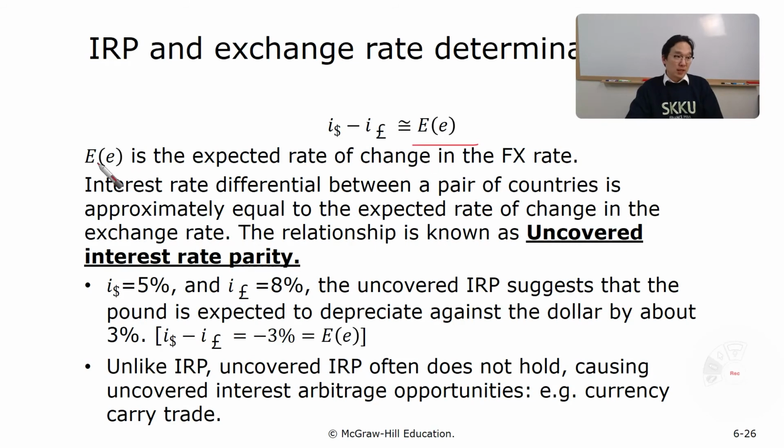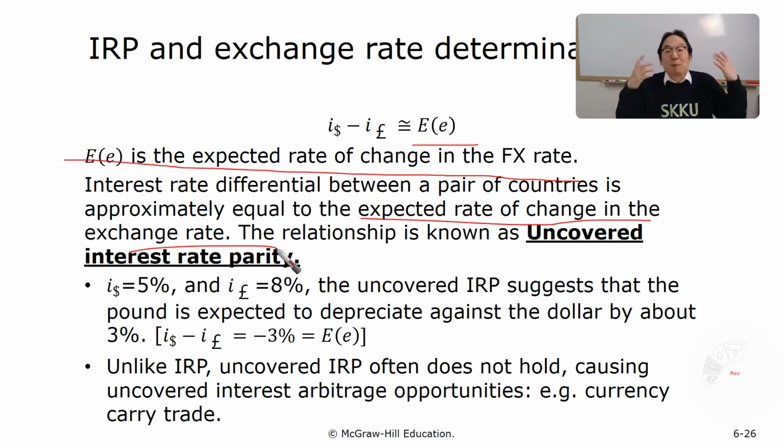Expected value of small e is the expected rate of change in the FX rate. The interest rate differential between a pair of countries is approximately equal to the expected rate of change in the exchange rate. Interest rate differential is approximately equal to the expected change in FX.